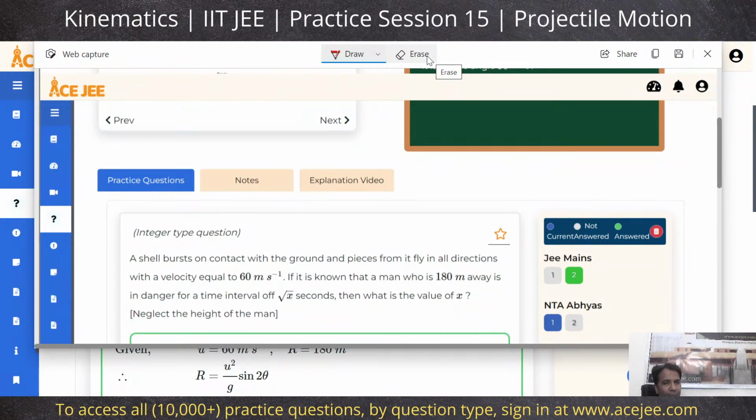Okay, I'll not spend much time on it, but I'll tell you where I am still scratching my head. Is there a way to convince that no matter what the height of the person is, they said neglect the height of the person, then if the other particles are going to be flying past or very nearly from that point, 180 meters, will they be passing that point between that time range?